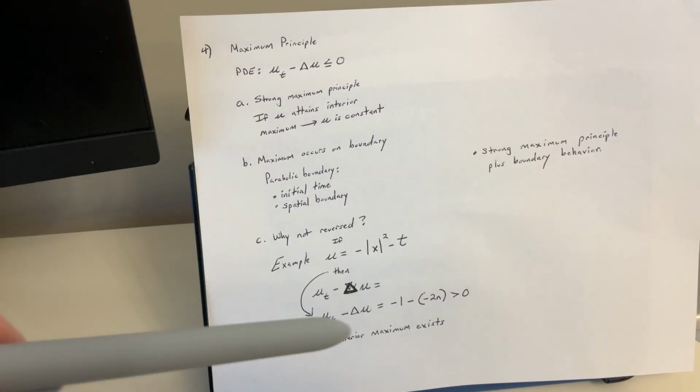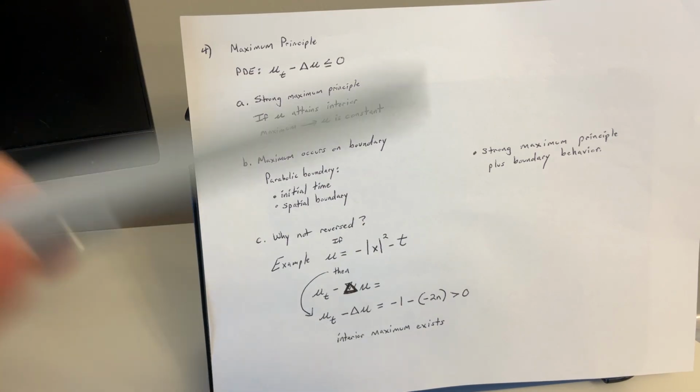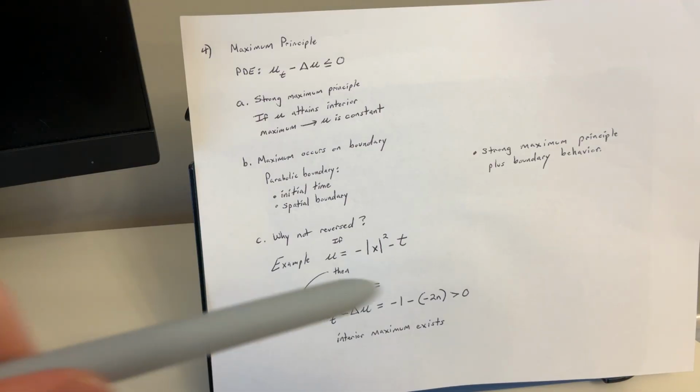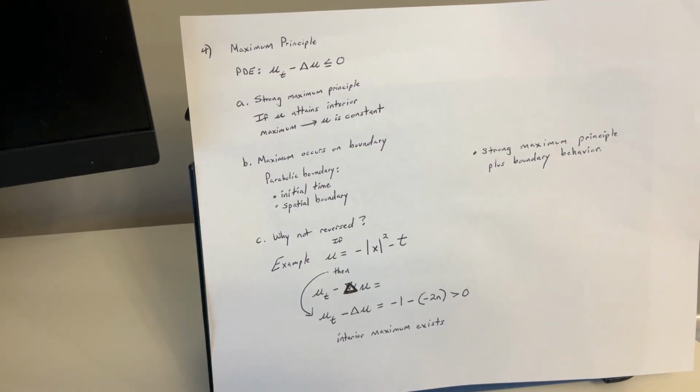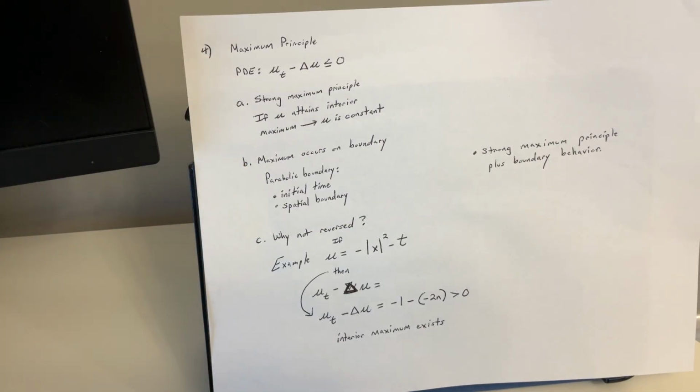And that's where your interior maximum exists. Think about what your n values could be, and why that would be greater than 0. So that's why it's not reversed. Basically that's all strong maximum principle plus boundary behavior. If you went over that during the semester, that's how you would answer A, B, and C.